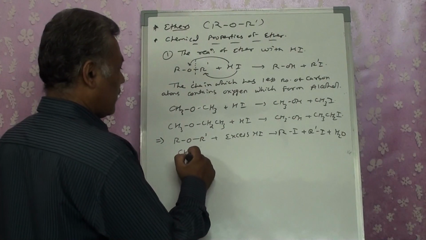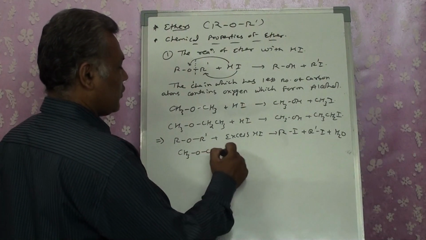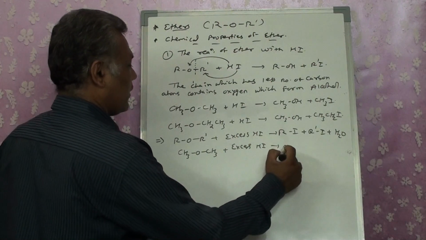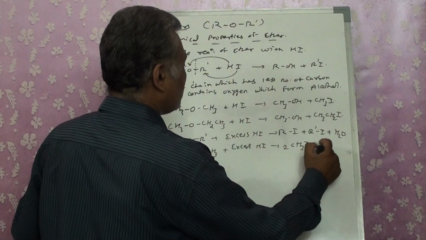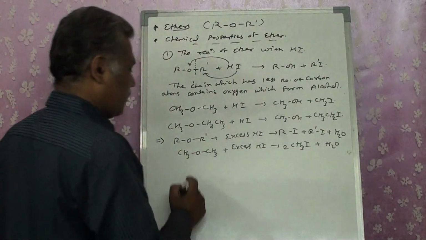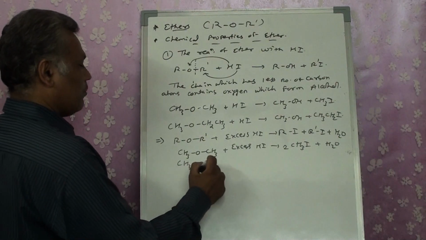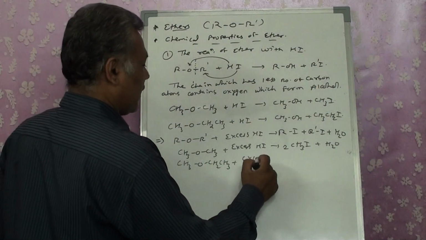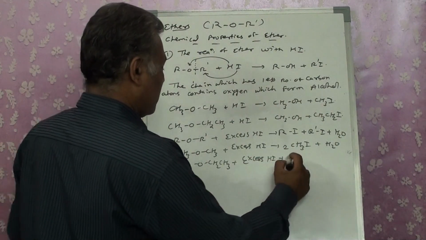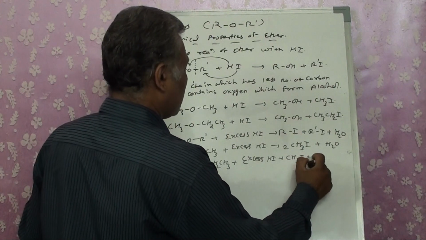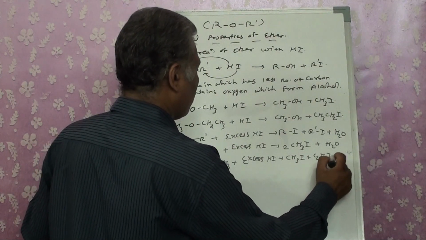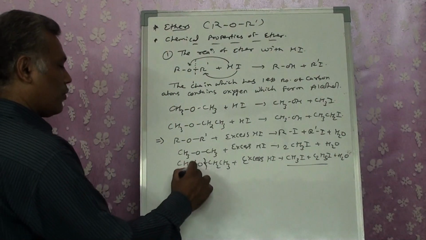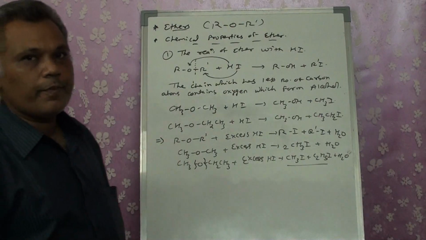That means if I have the same carbon chain on both sides with excess HI, I am going to get 2 moles of CH3I plus H2O. But if I have a mixed ether and react it with excess HI, it gets converted into CH3I, C2H5I plus H2O. That means both of them are going to be separated out, right?